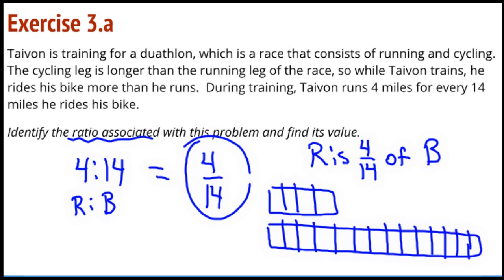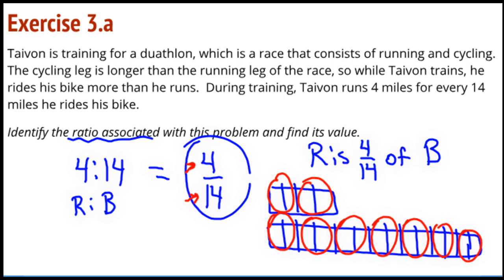But I'm pretty sure the only number I can divide both of these by is 2, so I'm going to make groups of 2. So that 4 is going to become 2 groups of 2, and the 14 is going to become 7 groups of 2. So here is the value.